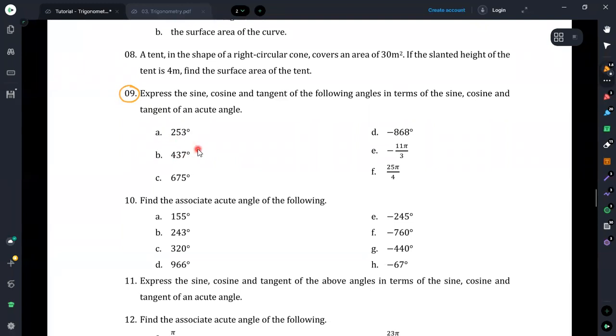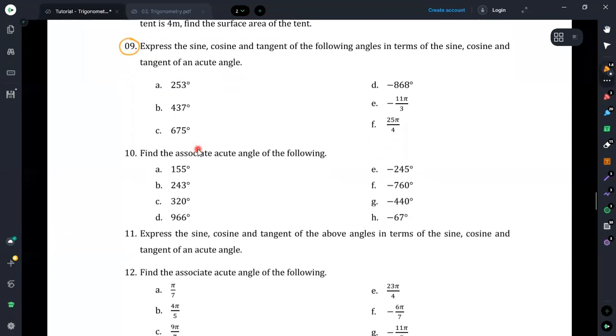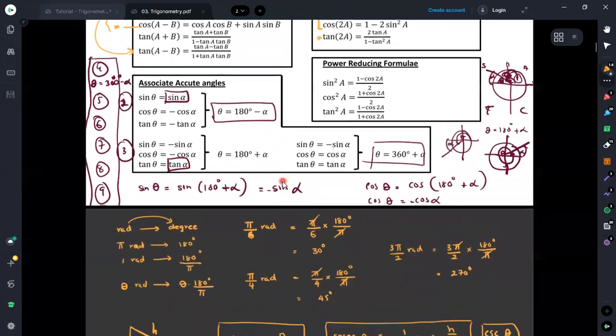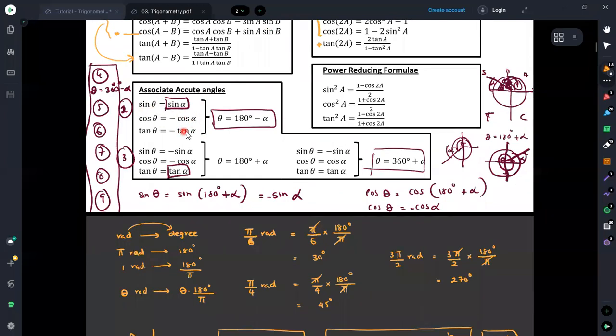If we have a quick look at the associated acute angles, we had 180 minus alpha, 180 plus alpha. Thereafter, we had a quick look at 360 plus alpha, and we have not discussed 360 minus alpha, since it is again equivalent to minus alpha.